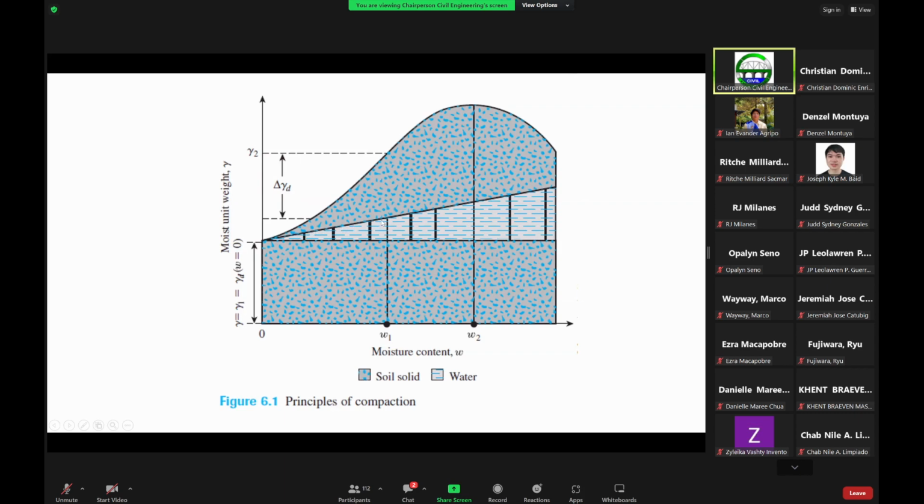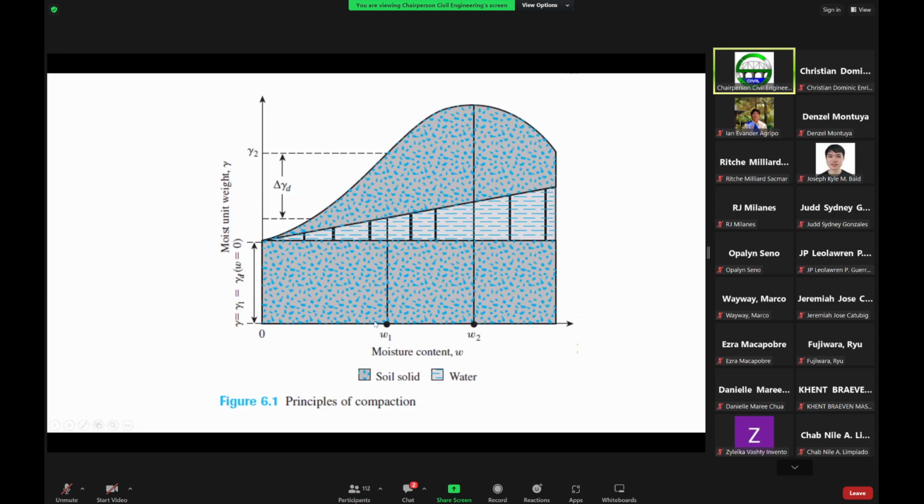That means we are increasingly adding the water. So here you increase the water, then you compact, then you get a dry unit weight. Then you increase the water again, and so on and so forth.